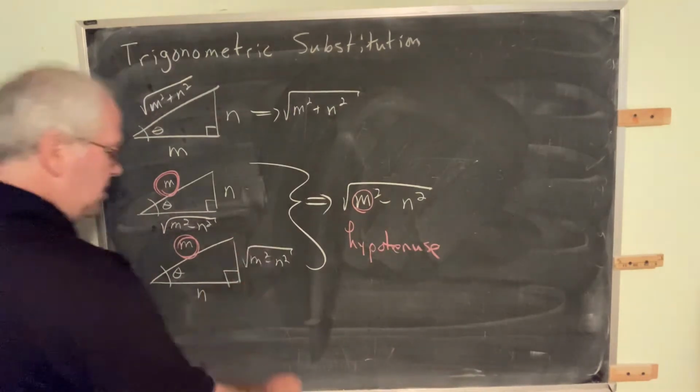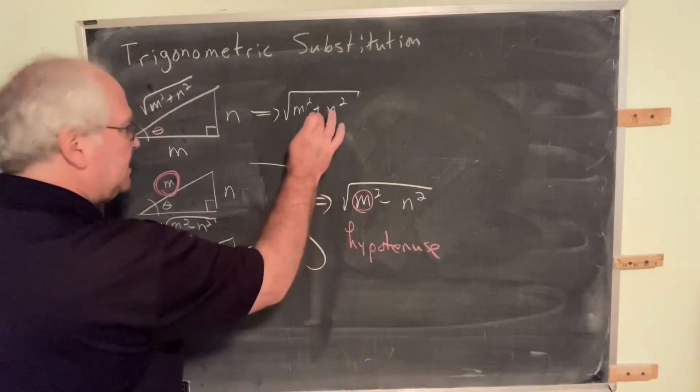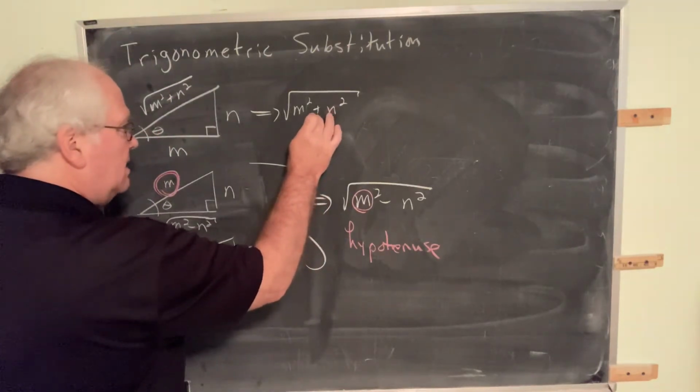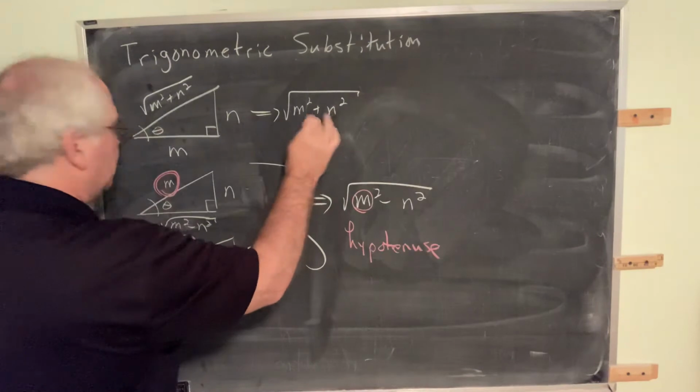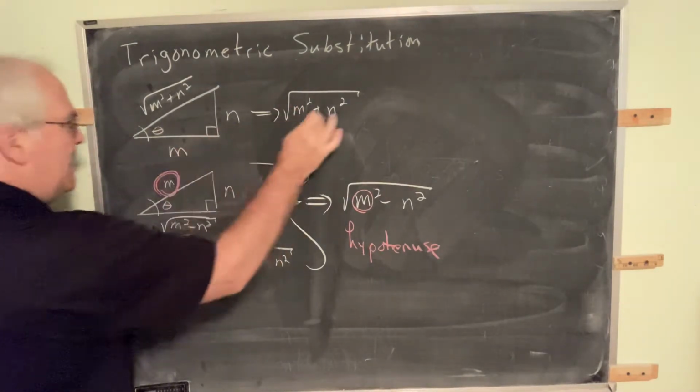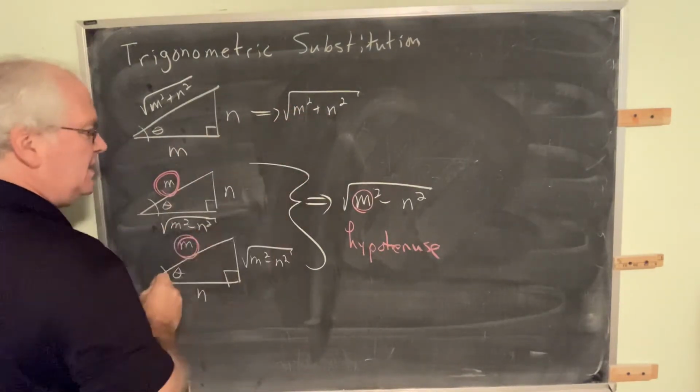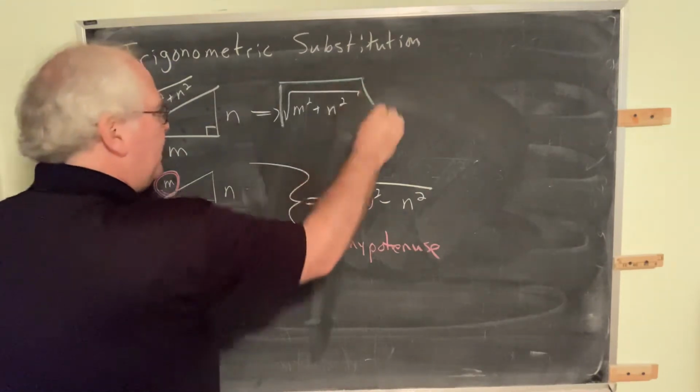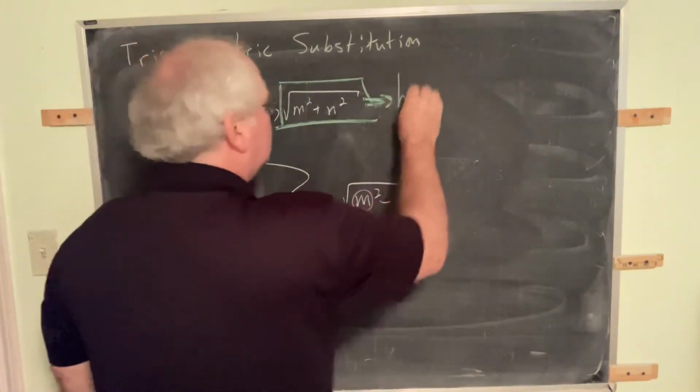However, whenever you have square plus square, notice m is not the hypotenuse, n is not the hypotenuse. What is the hypotenuse? The hypotenuse is the entire radical.